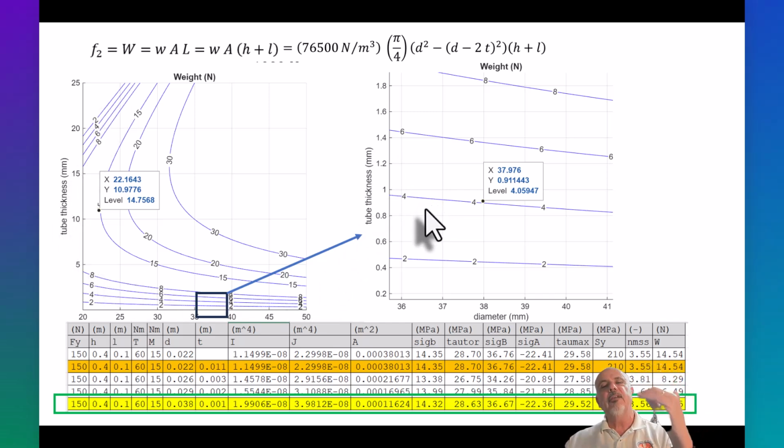Of course, as my thickness goes down and down, my weight is going to go down and down. And I tried to pick up near the 38 and 1 just to make sure I'm doing this right. And 38 and 1 gives me that 4.45.